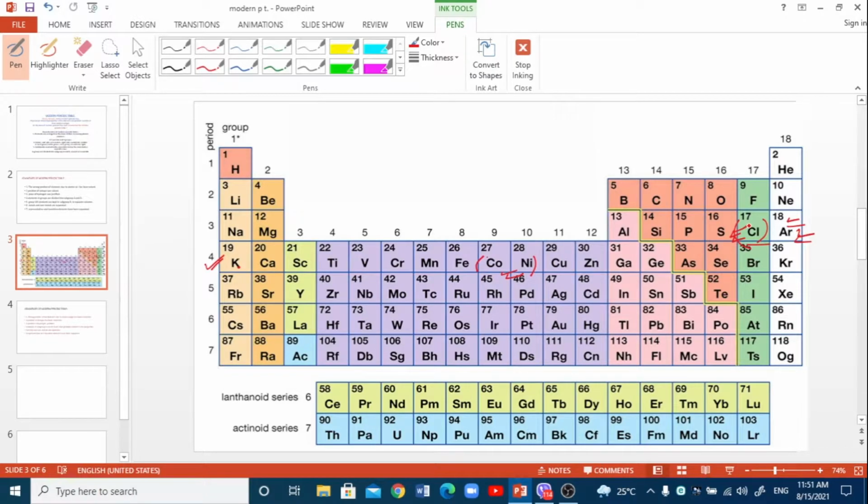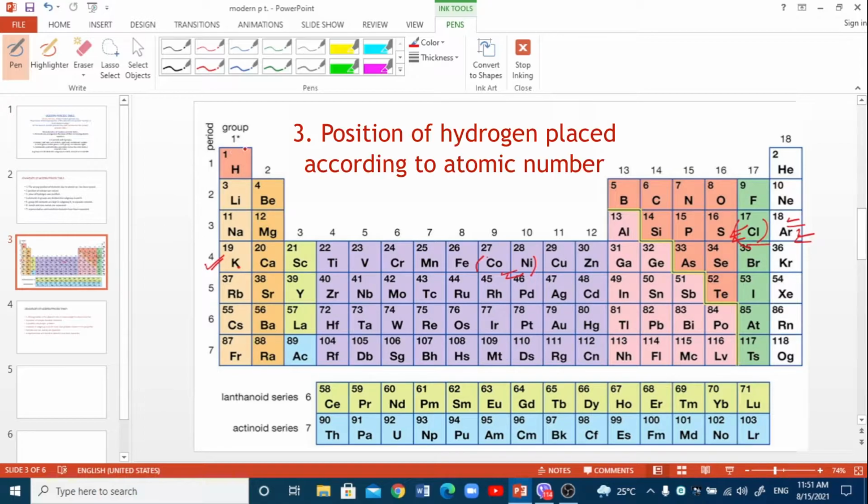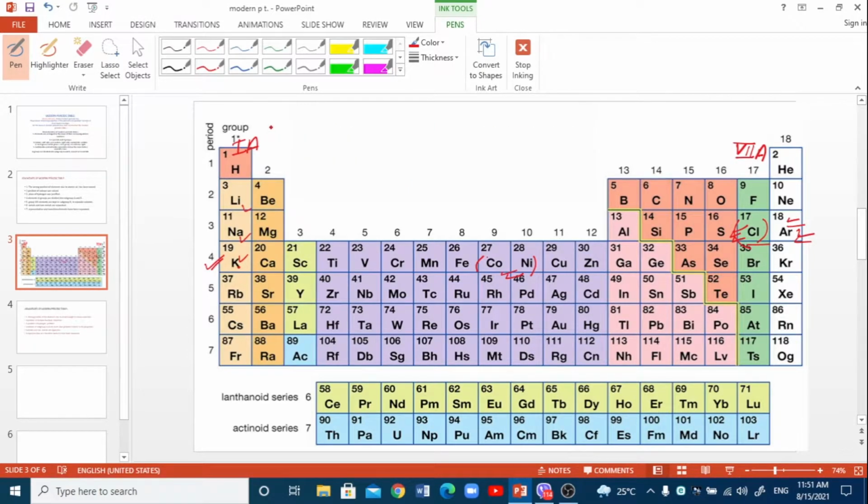And number 3 point, the position of hydrogen. Hydrogen can be kept in group 1A as well as in 7A. It is because hydrogen can lose one electron just like lithium, sodium, potassium, and can become H plus in the chemical reaction just like Na plus, K plus.